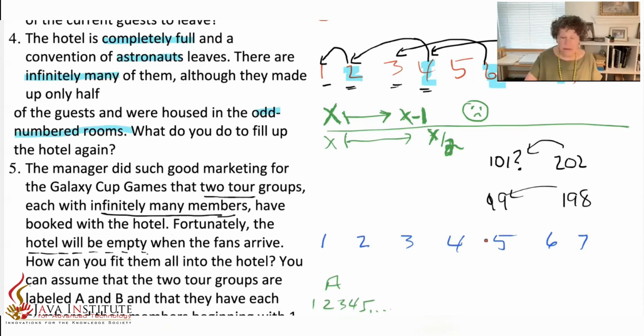And the red team. And they come all at once. Where are you going to put them? You can't put all the A's in first and then the B's in because you'll have a riot on your hands. They've traveled a long distance, and where are you going to put them?